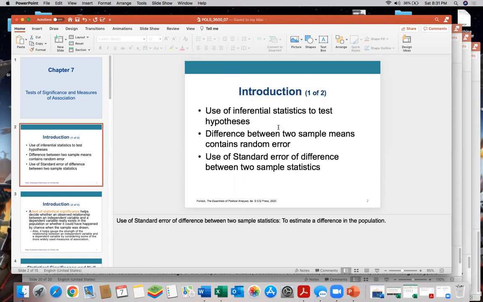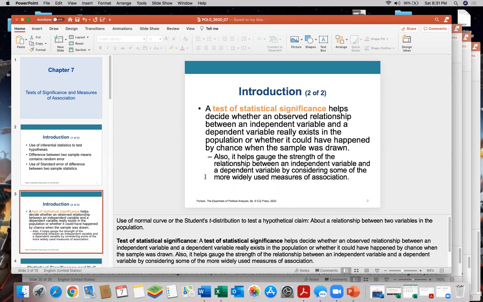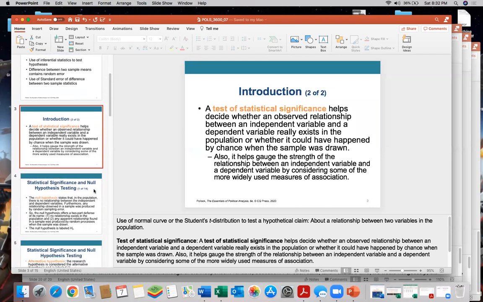So here in chapter 7, we're going to do the difference between two sample means and standard error. This is what I just read about the test of statistical significance. It's helping us decide whether or not there actually is a relationship between the variables.